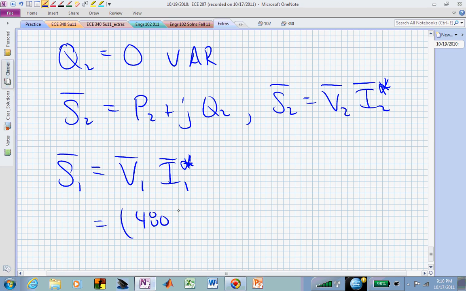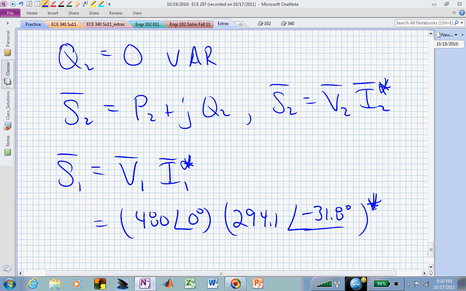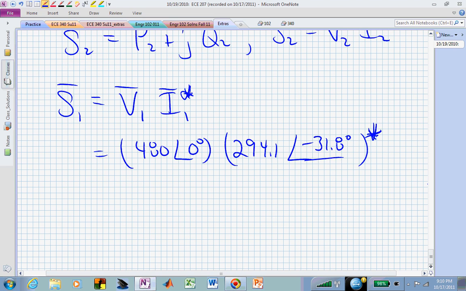V1 was 480 at 0 degrees. I1 was 294.1 at minus 31.8 degrees. I'm sorry, that was the current. Now we need to conjugate that.